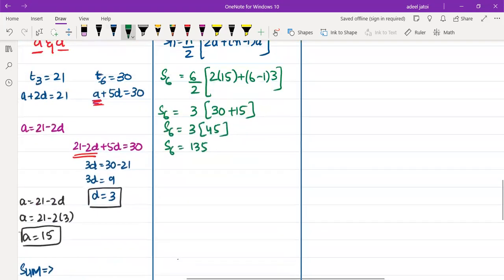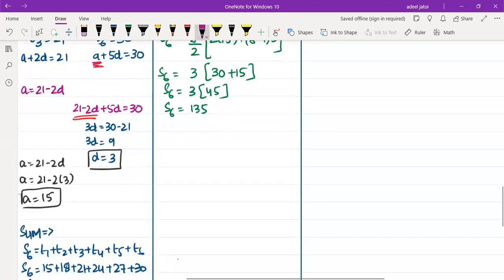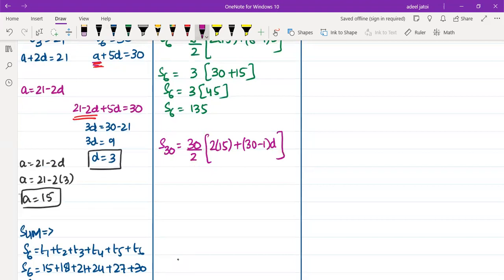But how can we use this for other terms? Let's say I need to find the sum of 30 terms. So for 30 terms, we can directly use the formula 30 upon 2, 2 times 15 plus (30 minus 1)d, right? S30 is equal to what? 15 and 30, plus 30 minus 1 is 29, and d was 3.